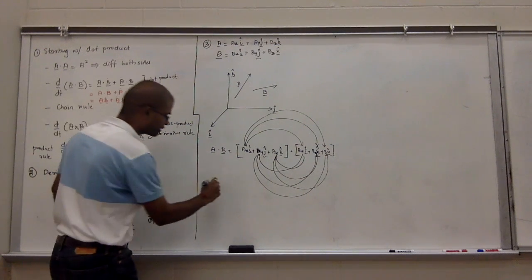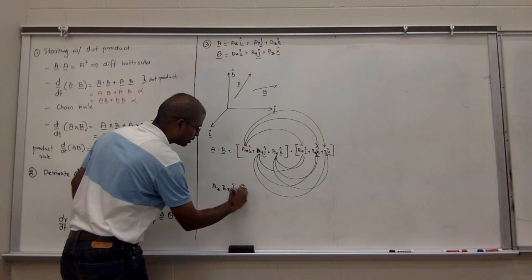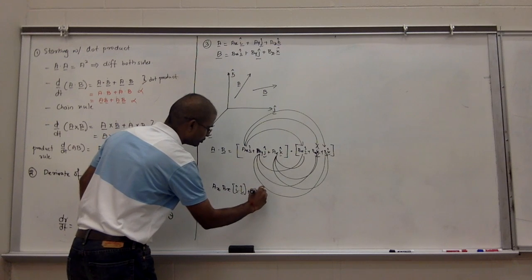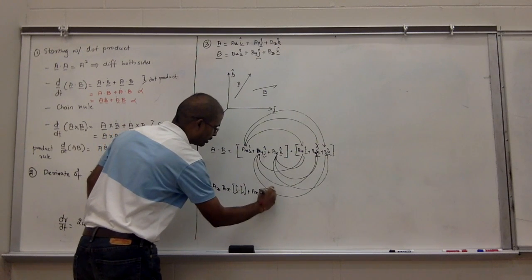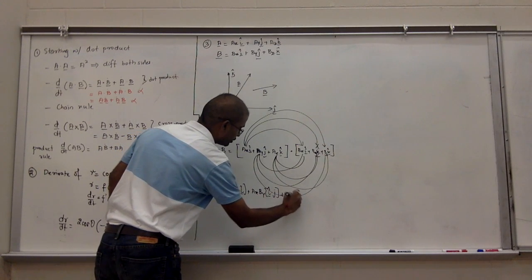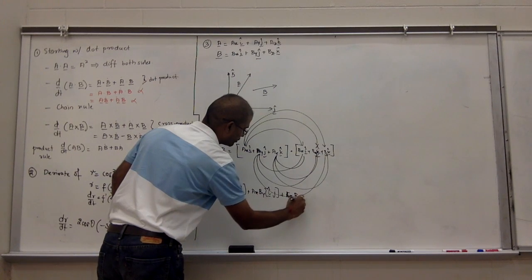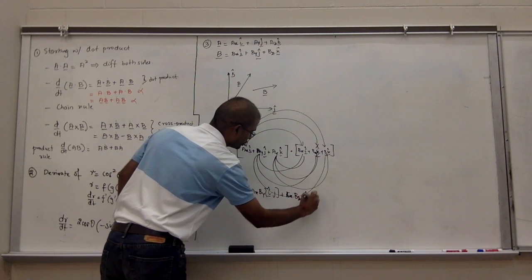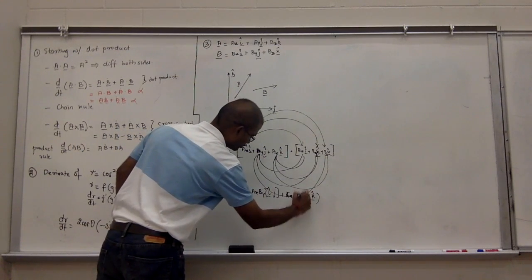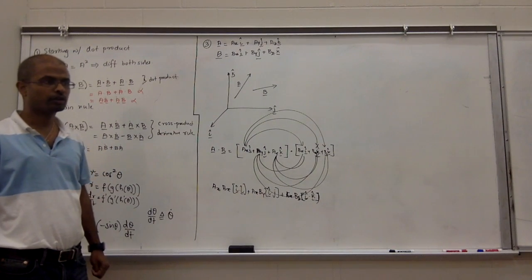AX into BX, I dotted with I, plus AX into BY, I dotted with J, plus AX into BZ, I dotted with K. Now what happens here? What is I dotted with I? It is 1.